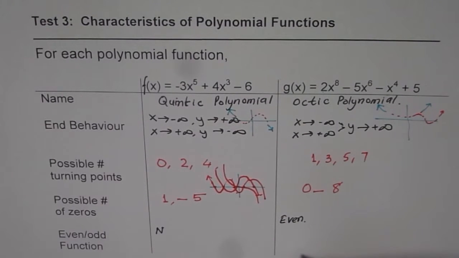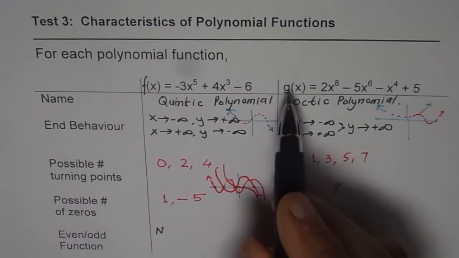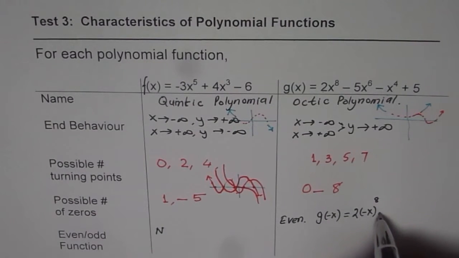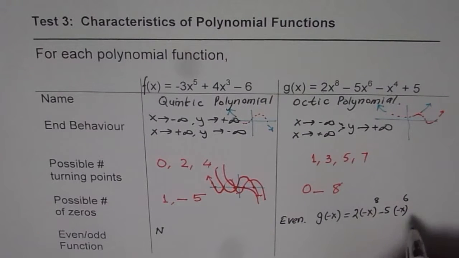Now how to prove it? Even means that if I try to find what is g of minus x, I should get it same as g of x. Let's figure it out. So if I write g of minus x here, what do I get? I get 2 times minus x to the power of 8 minus 5 times minus x to the power of 6 minus x to the power of 4 plus 5.